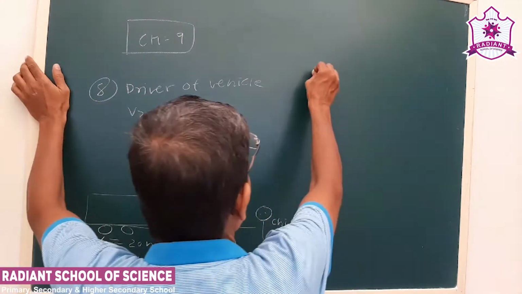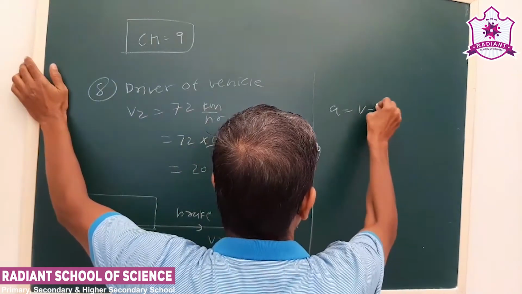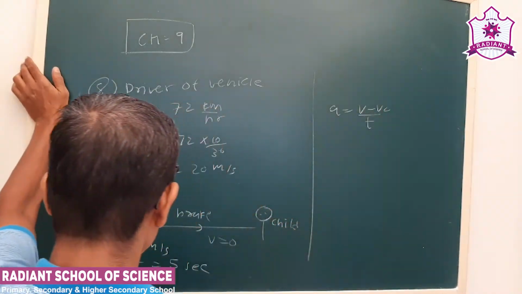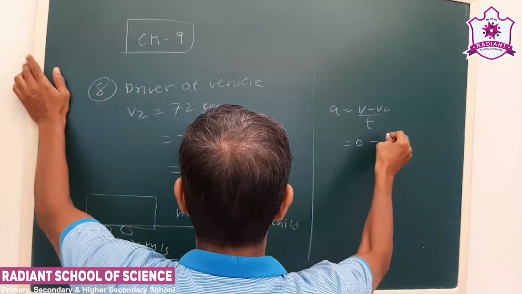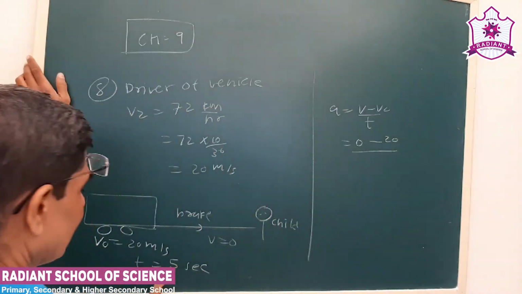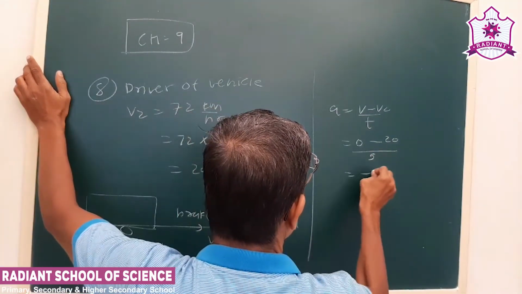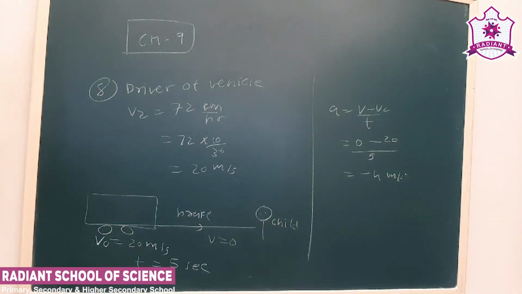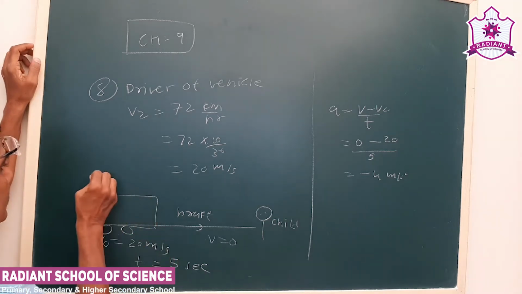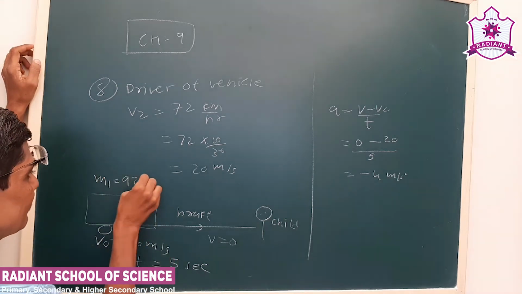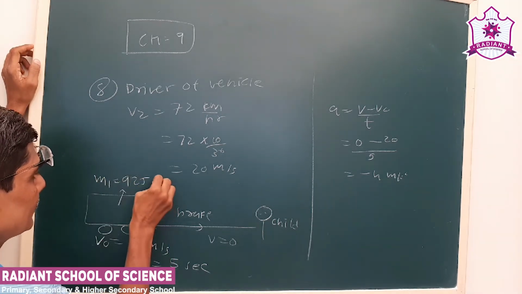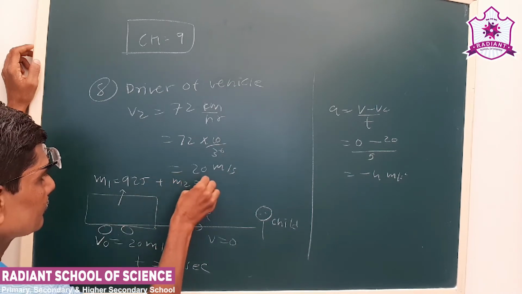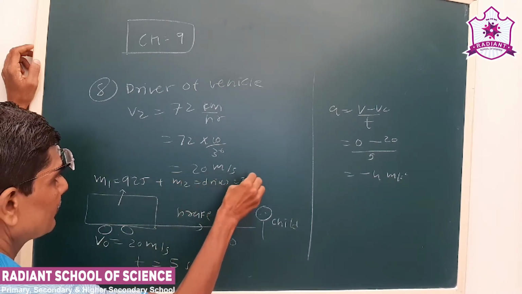Now see our formula. Acceleration is v minus v0 upon t. Final velocity is 0. Time interval is given as 5. Now see the force. The mass of the vehicle is 925 kg and the driver is 75 kg.